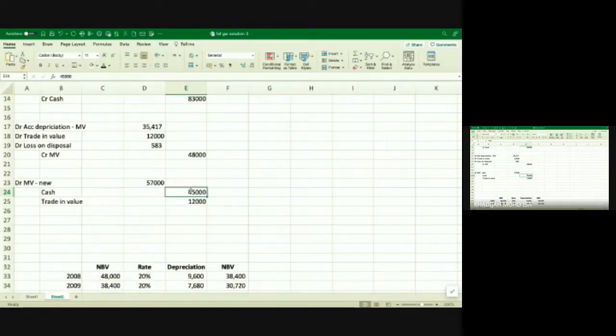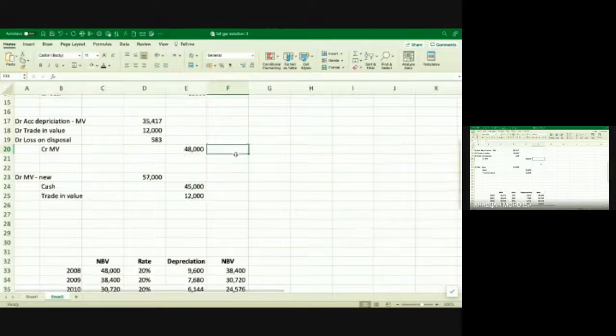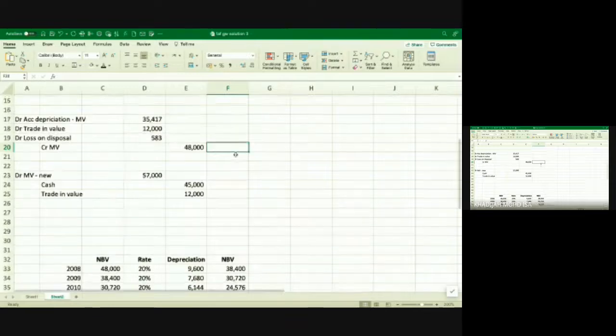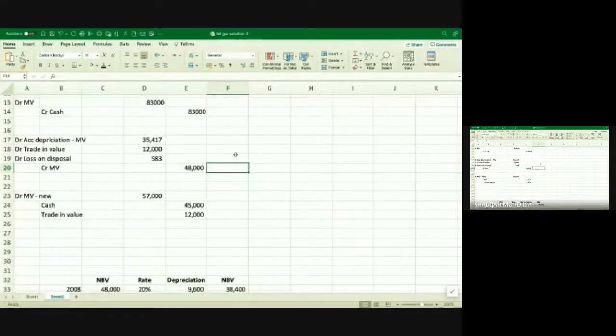So I have to record this trade-in value in the transaction. I prefer it this way so that it's clearer. Then you know that the cost of the new one is 57,000, not 45,000. It's just that I pay cash 45,000 for the new motor vehicle because the difference of 12,000 is from the trade-in value of the old motor vehicle. I would like to stick to my decision on how to record this.